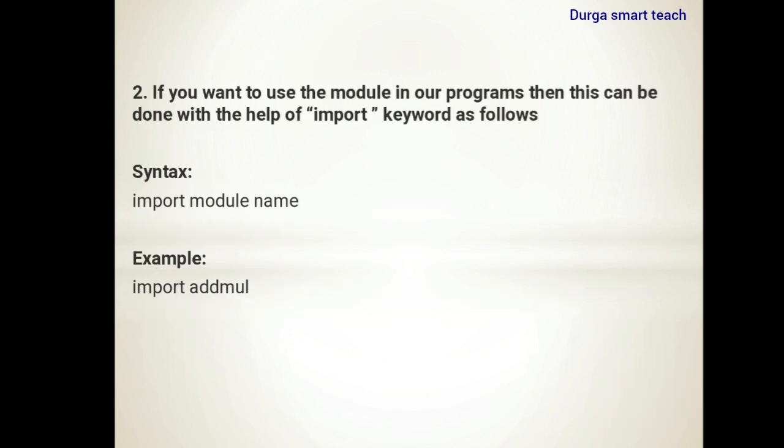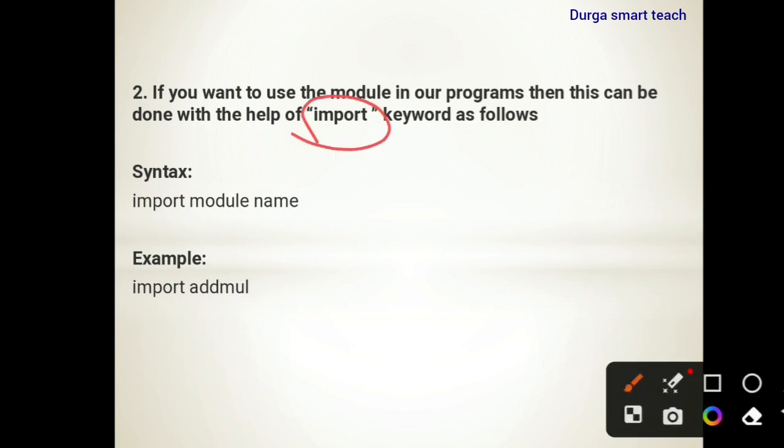Next, if you want to use the module in our program, this can be done with the help of the import keyword. The import keyword is used to include the functions and variables of one module in another program.